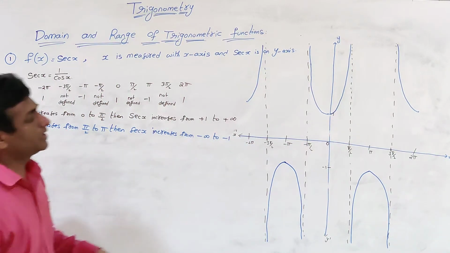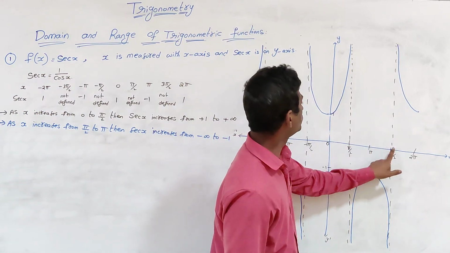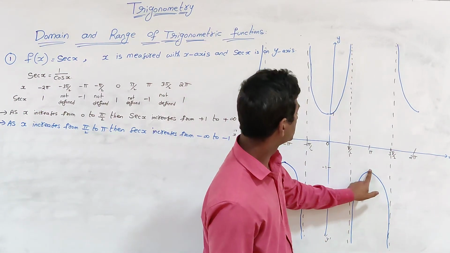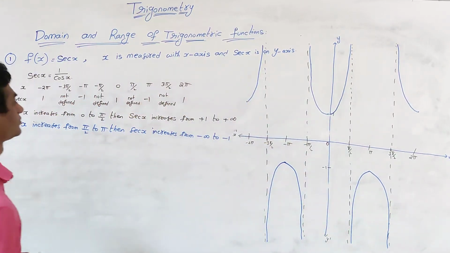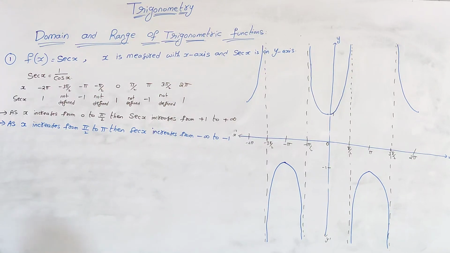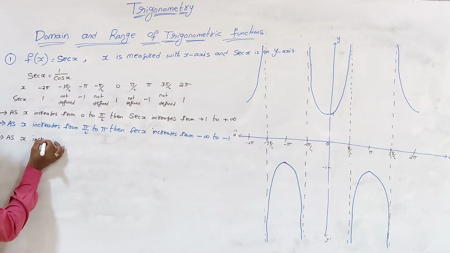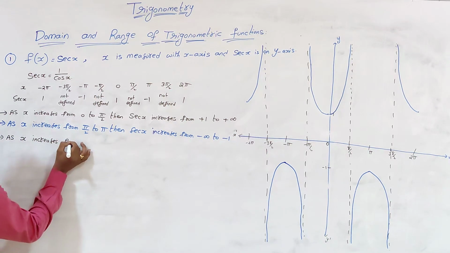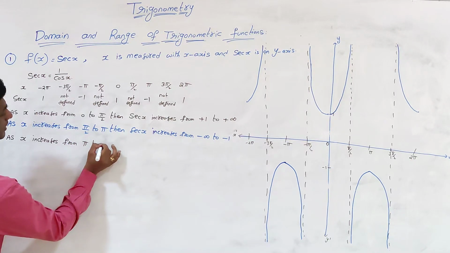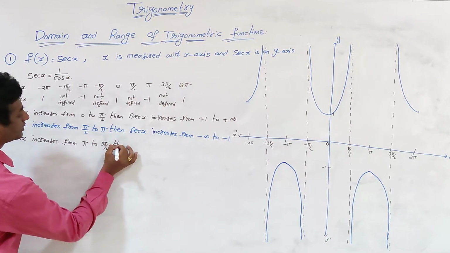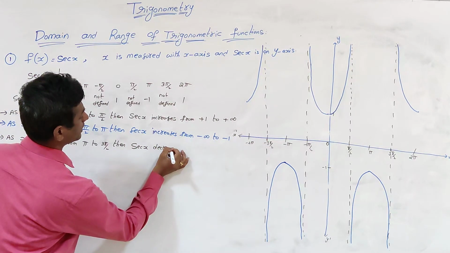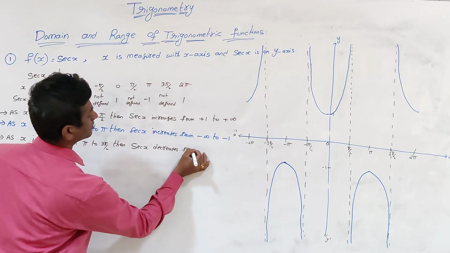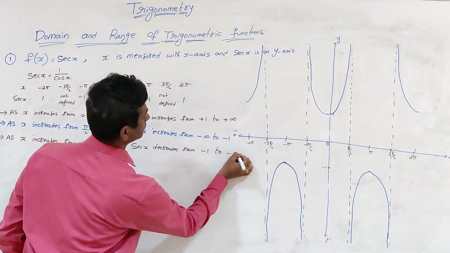Next, when x moves from pi to 3 pi by 2, it starts decreasing from minus 1 to minus infinity. As x increases from pi to 3 pi by 2, then secant x decreases from minus 1 to minus infinity.